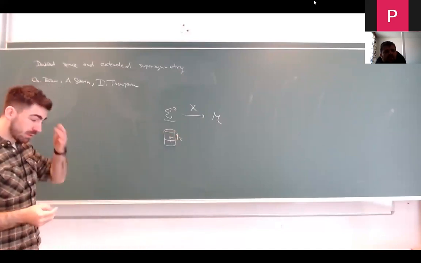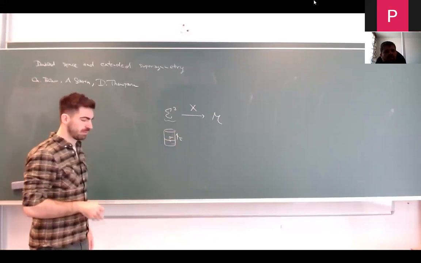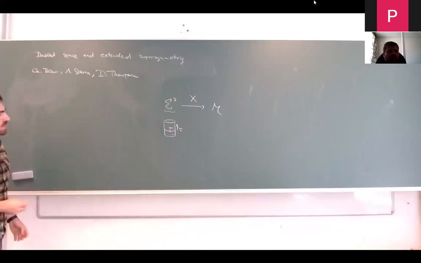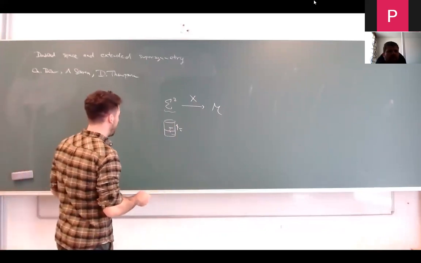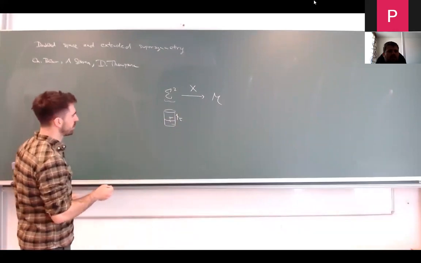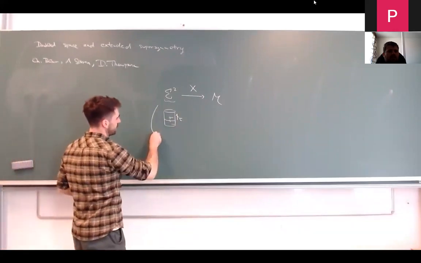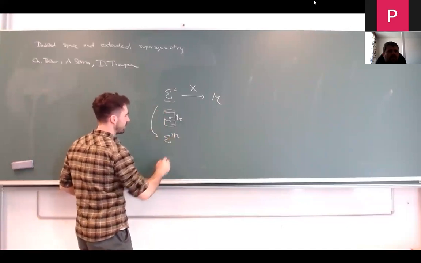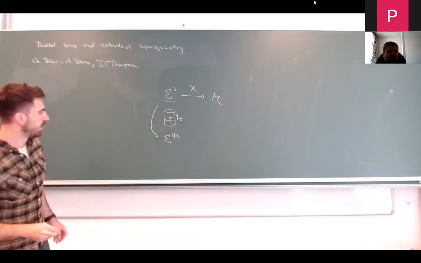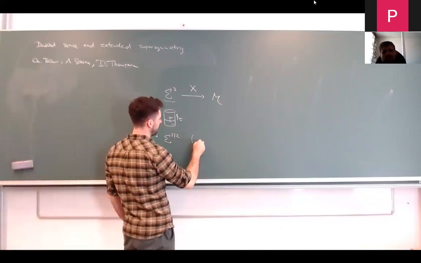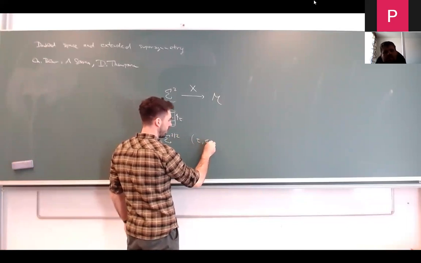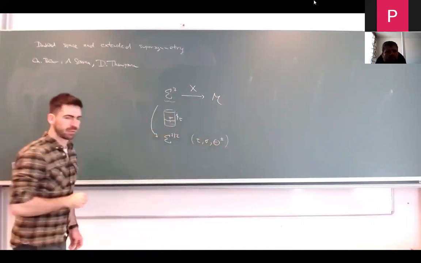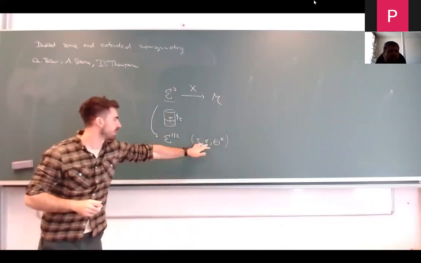And the nicest way to introduce some supersymmetry is making this into superspace or a super Riemann surface. So we will replace this by a super Riemann surface, meaning that we will not only have the tau and sigma coordinates, but also two fermionic coordinates on top of the two bosonic guys.